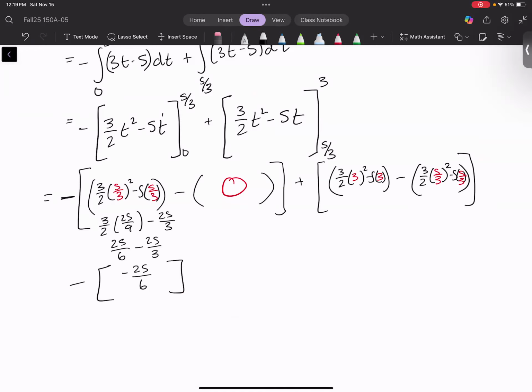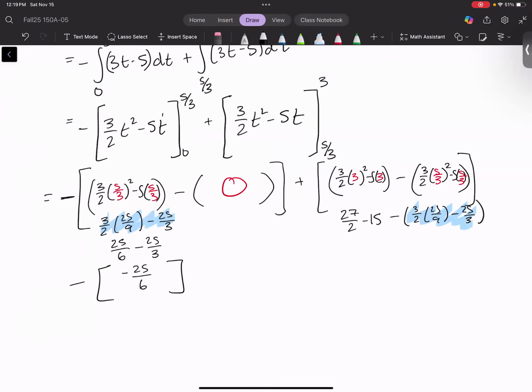You can do this one here as well. So this is 27 over 2 minus 15 minus, and then the same thing we got earlier. So 3 over 2 times 25 over 9 minus 25 over 3, right? Notice this guy here and this guy here are the same.